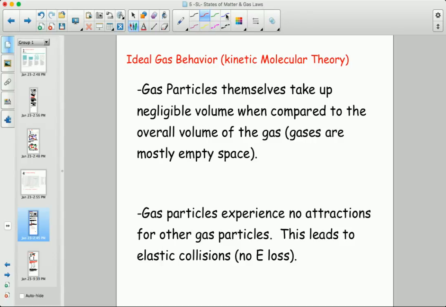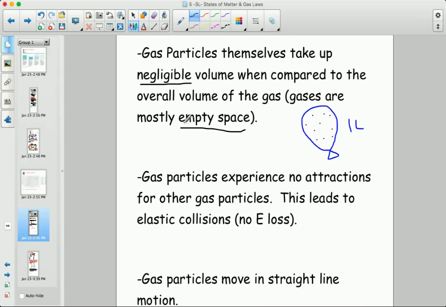What we mean by that is when you have a balloon of a gas, this is the balloon, it takes up, let's say, 1 liter of volume, but the gas particles themselves are so tiny, even tinier than these dots represent, and they're so far apart that most of what's in the balloon is empty space. So we assume that the little particles of gas, we don't really count them as having any volume. Again, that's not really true. That's a sort of simplification of how gases really act. So that's why we call it ideal behavior. We sort of pretend that the particles have no volume.